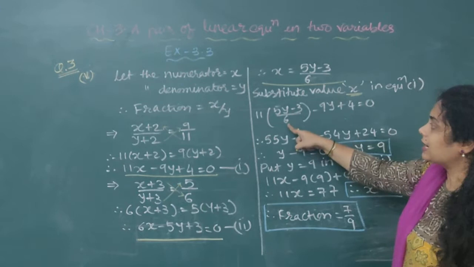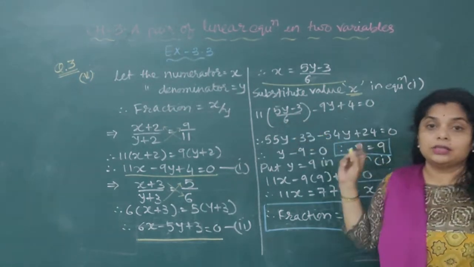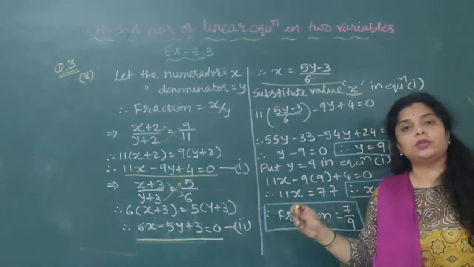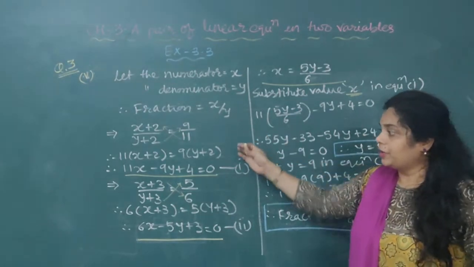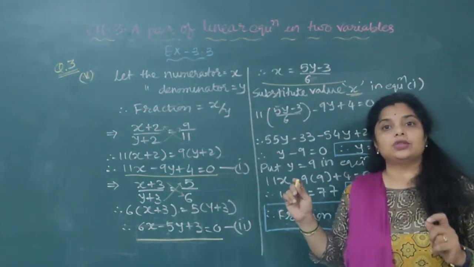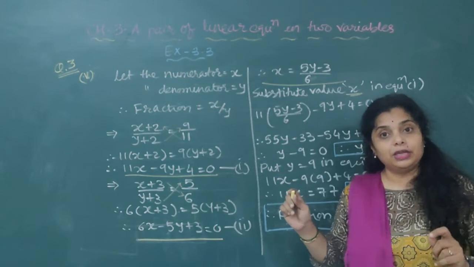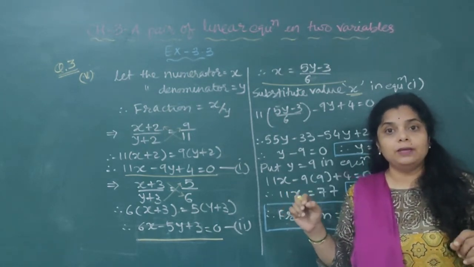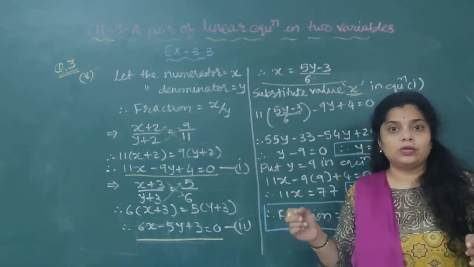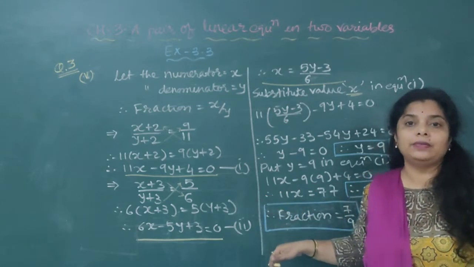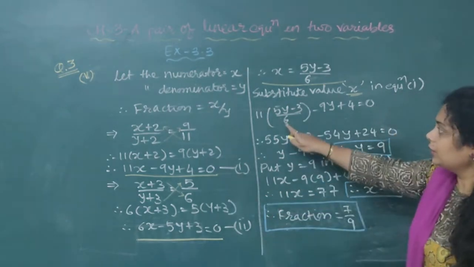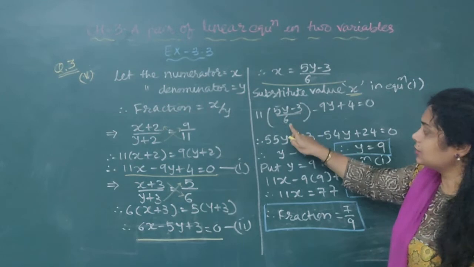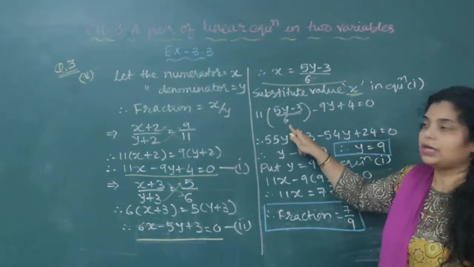So here it is by 6, you can see. It is not just important that you obtain the equation, but calculation is also very important. If you do any wrong calculation, you will not get the right answer. Is it clear? So here it is 5y minus 3 by 6, so I have to take the LCM of 6.